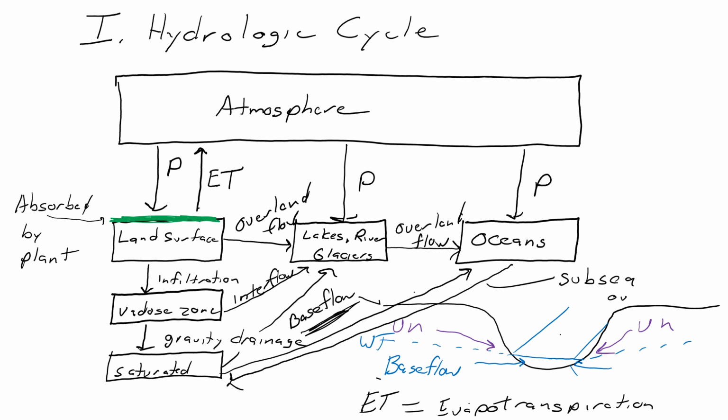This diagram's getting wordy, but that's called subsea outflow. Really important in coastal regions. Where do most people on the planet live? Coastal regions.